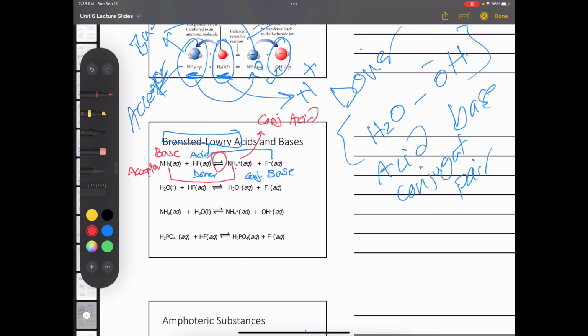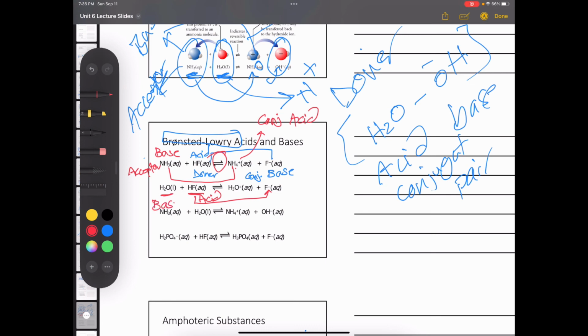So first thing, I can see the hydrogen fluoride no longer has the hydrogen atom, correct? Or the hydrogen ion, rather. It is now with the fluoride only. So I can tell that the hydrogen fluoride lost the proton, so that makes the hydrogen fluoride the acid, because it's the donor, it donated that proton.